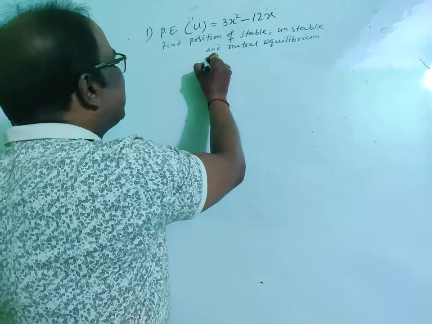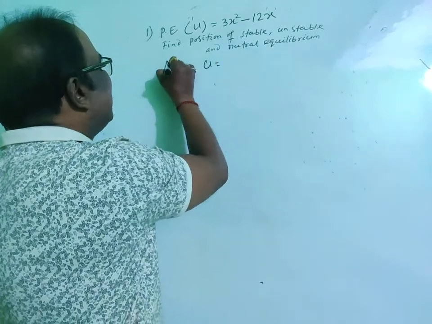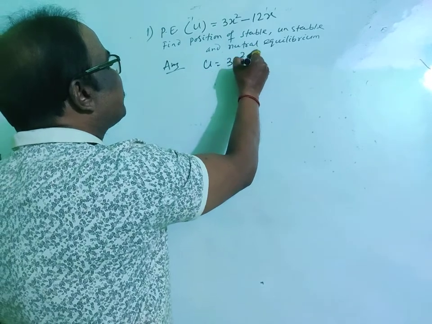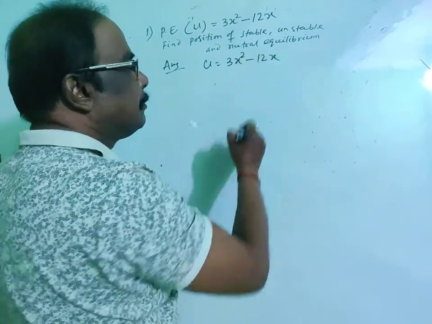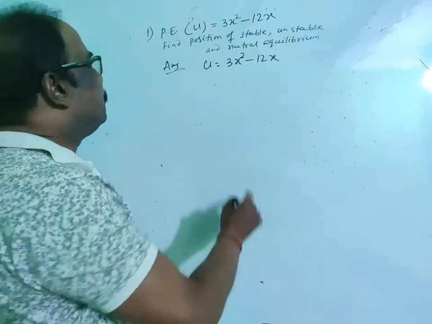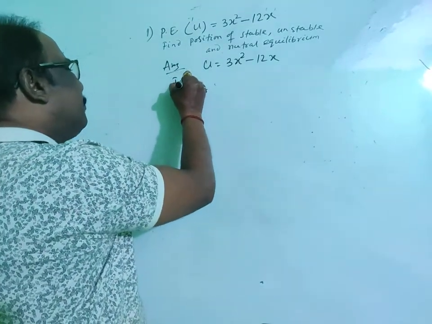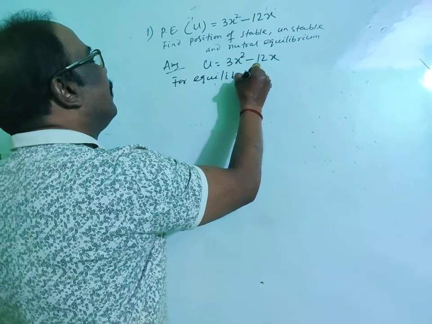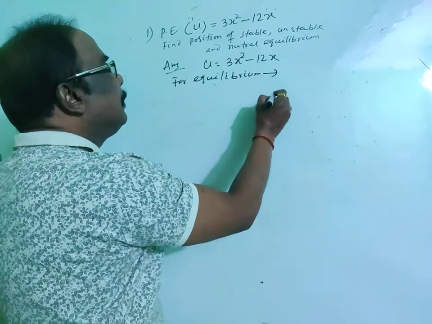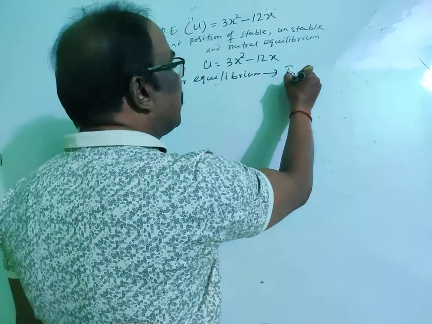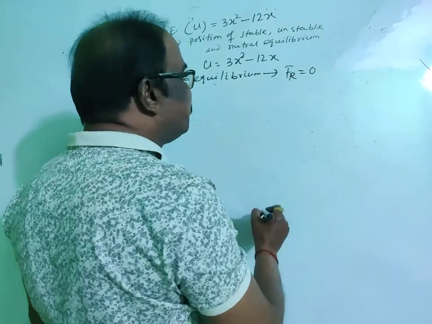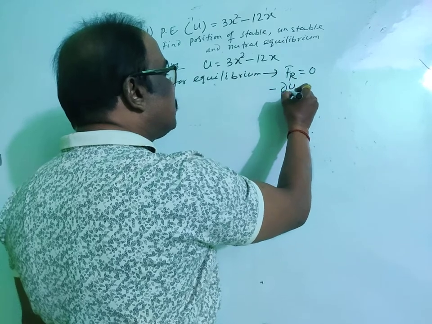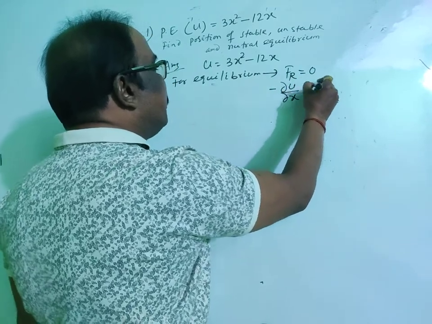See, the expression for potential energy is 3x square minus 12x. So, for equilibrium, our general condition is that the resultant or net force is 0, and force is equal to minus du by dx, which is equal to 0.